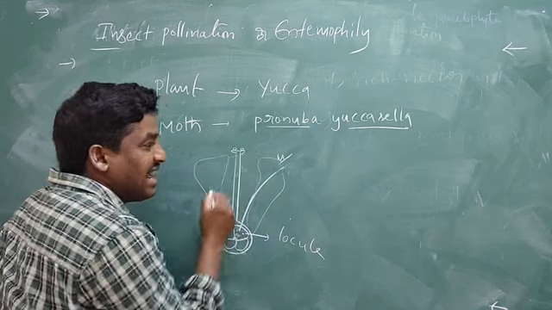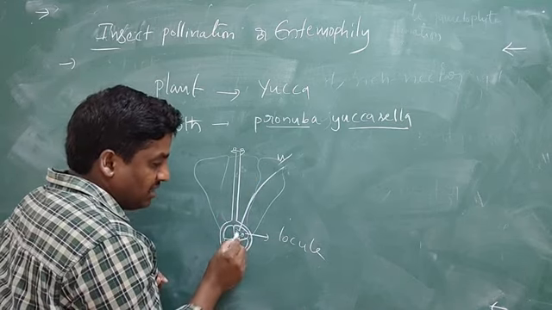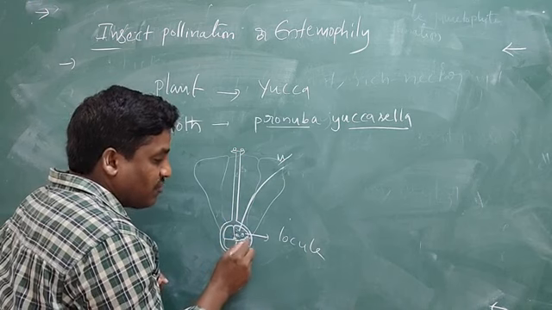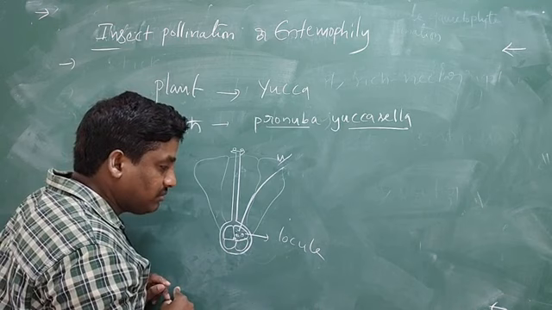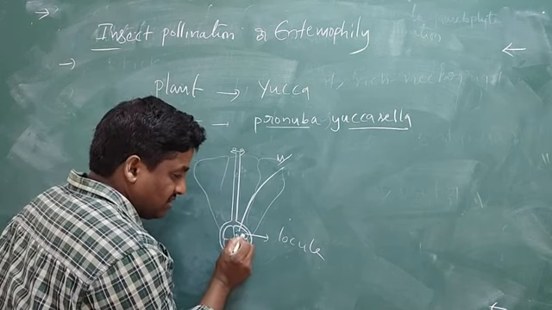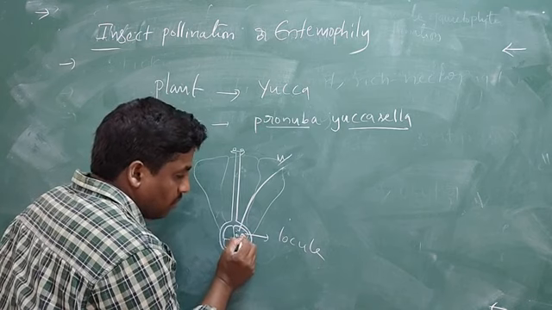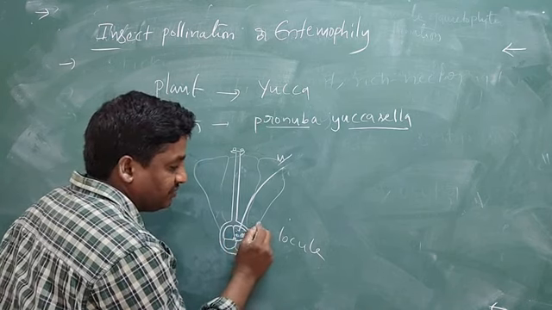So pollen grains are landing. Meanwhile in the locule, the eggs take their food material from the fruit. After some days, these eggs develop into larvae.